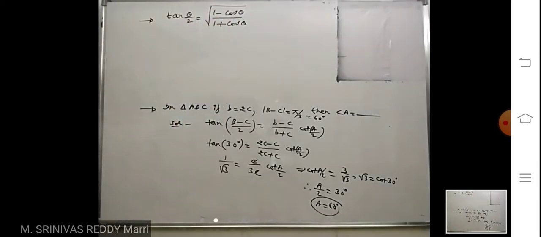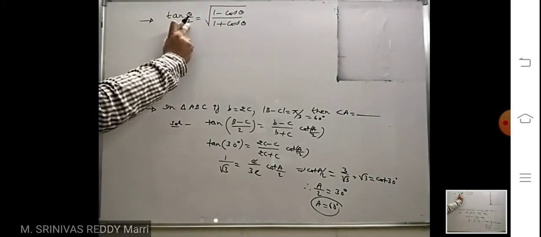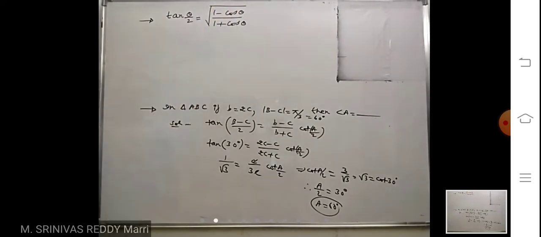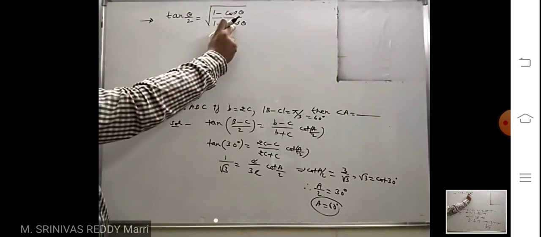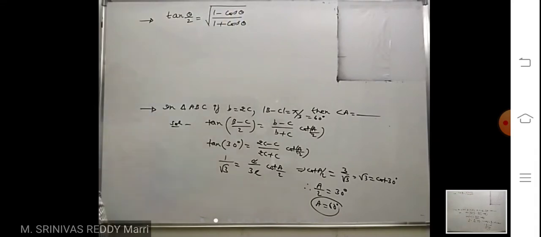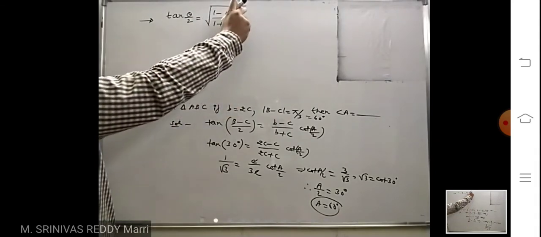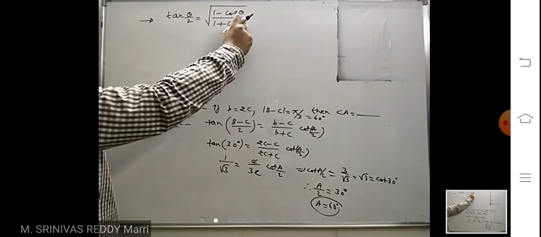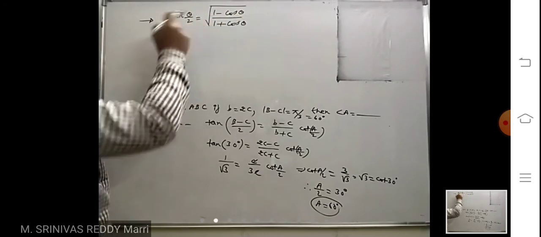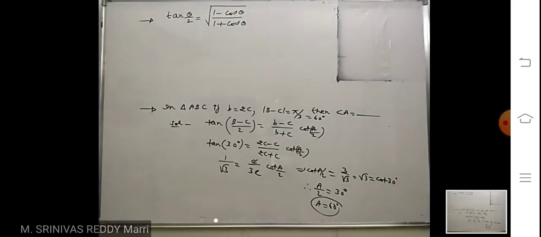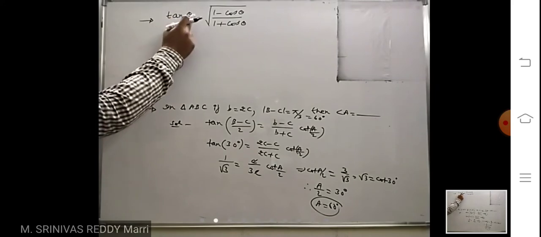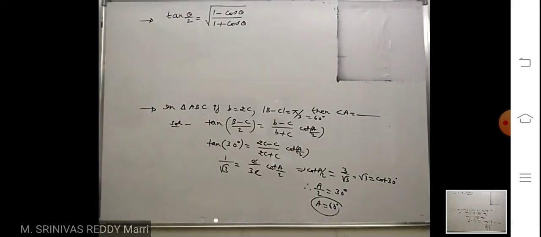This is the formula. 1 minus cos theta is 2 sin square theta by 2, divided by 2 cos square theta by 2, and that will become tan theta by 2. So whenever you want to calculate tan theta by 2, use this formula.